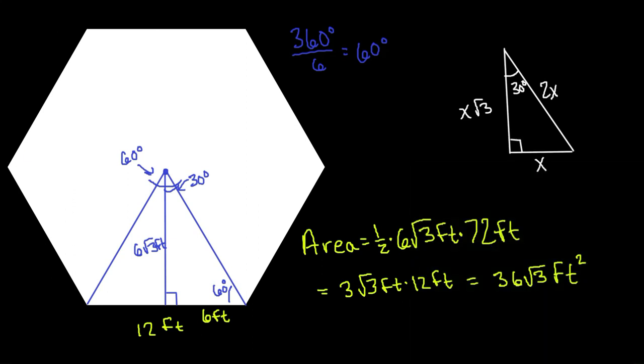Okay, let's do one final example. This is a 10-sided shape called a decagon, but the process remains the same. Dot at the center, line all the way down, and let's make our triangle.